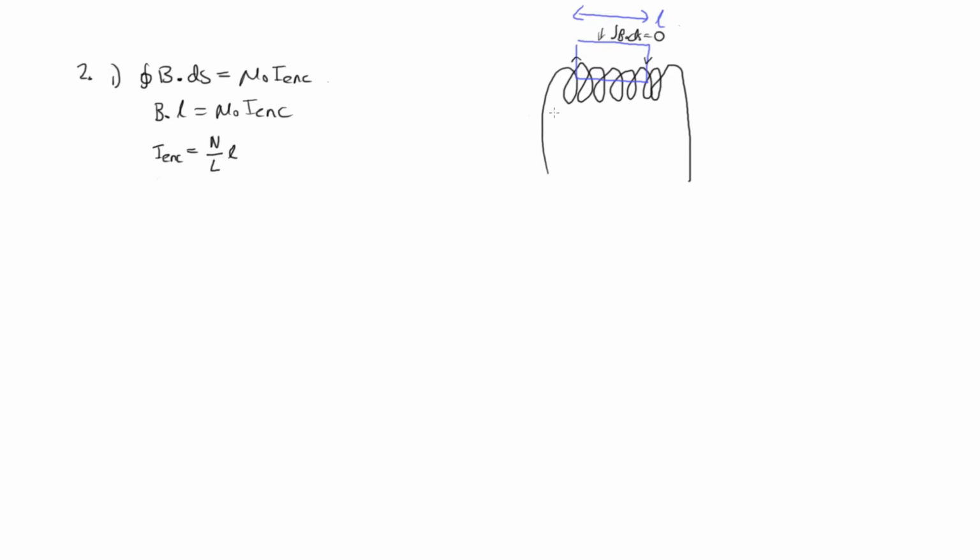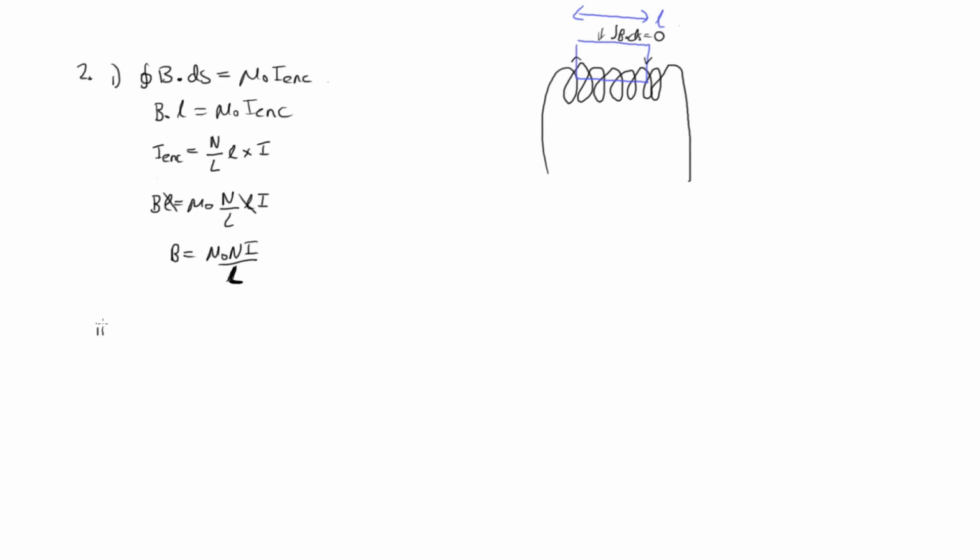That will tell us how many turns are inside this box, and each of these contributes a current I. So BL is equal to mu naught times N on L times little l times I. Rearranging, the l's will cancel, which tells us that the magnetic field inside is given by mu naught N I on L. Sorry, that's a capital L, the total length of the solenoid.